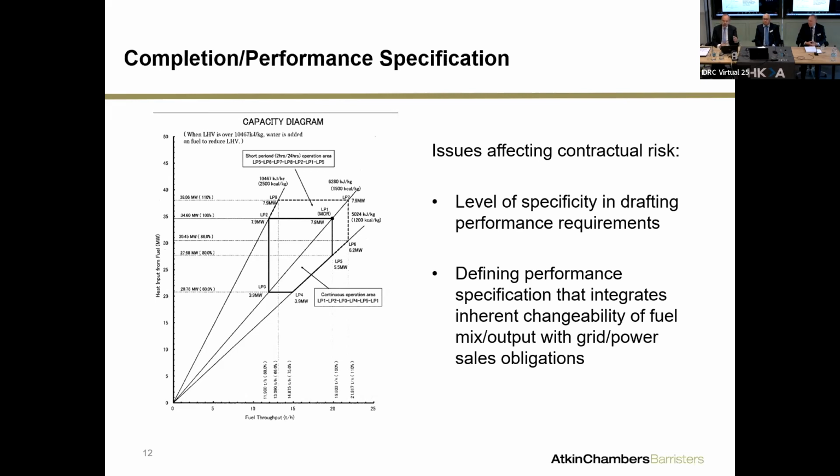How are you going to ensure that you achieve the purposes of, be it completion testing, performance specification testing, performance guarantees at completion point, or for that matter, for the future, the next 25 or 30 years of operation, that your plant is going to operate within the performance criteria that the employer, the owner, is obliged to meet for grid outputs under its PPA? That's something that's really quite difficult. I haven't got an answer, I'm afraid. But it's something you need to think about, it seems to me.